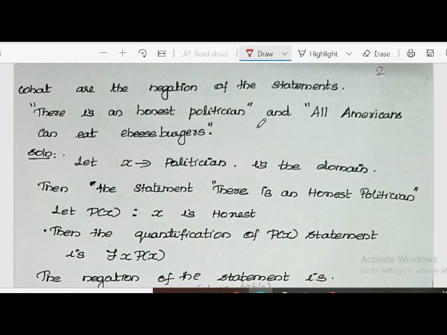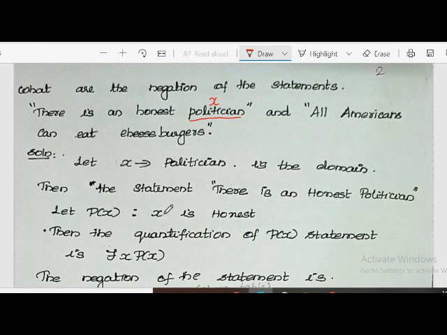Take a variable x and we define the domain for the statement "there is an honest politician". Let us take the domain x to be politicians. So the statement can be expressed as the predicate P of x: x is honest.